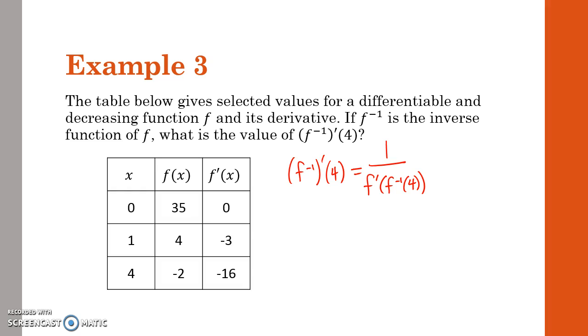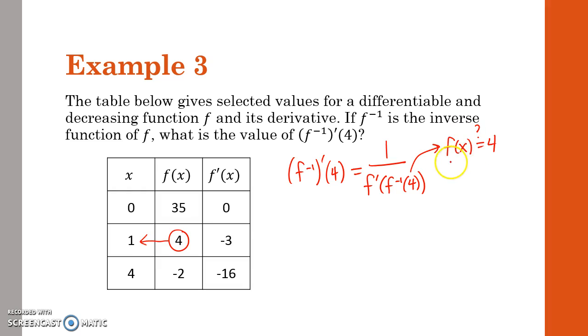If we want to start by knowing its inverse's value at 4, that's basically the same thing as asking, when does f of x equal 4? Looking at the table, f of x equals 4 when x equals 1.